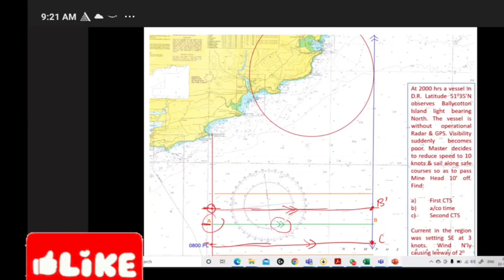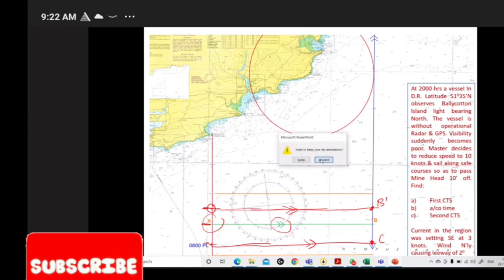So what I am trying to say is that I have drawn A in the vicinity of where I think my ship would be, but I also know my ship will not be exactly at A. It may be somewhere north or close to A, but wherever it may be, the distance it has to cover to hit the other PL will still be the same. Have you understood? So there should not be any doubt as to why I took only A and why I drew only the green line.